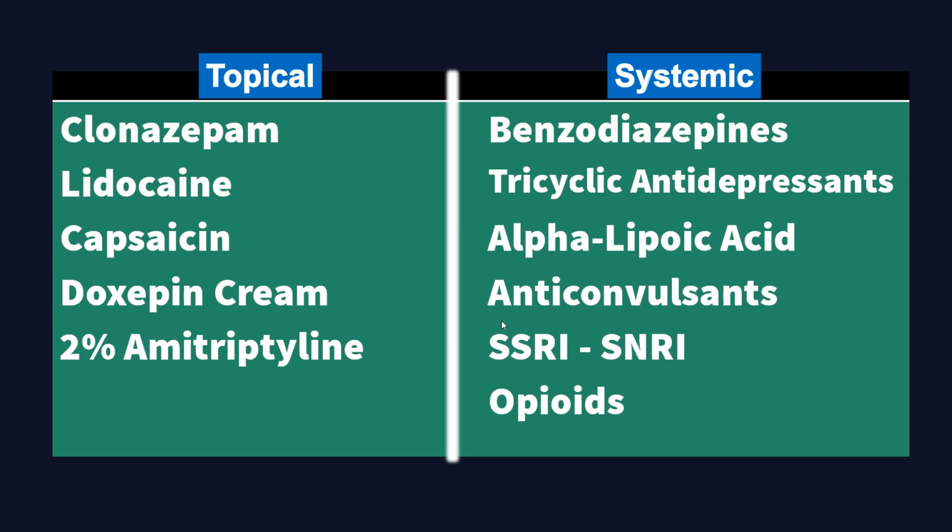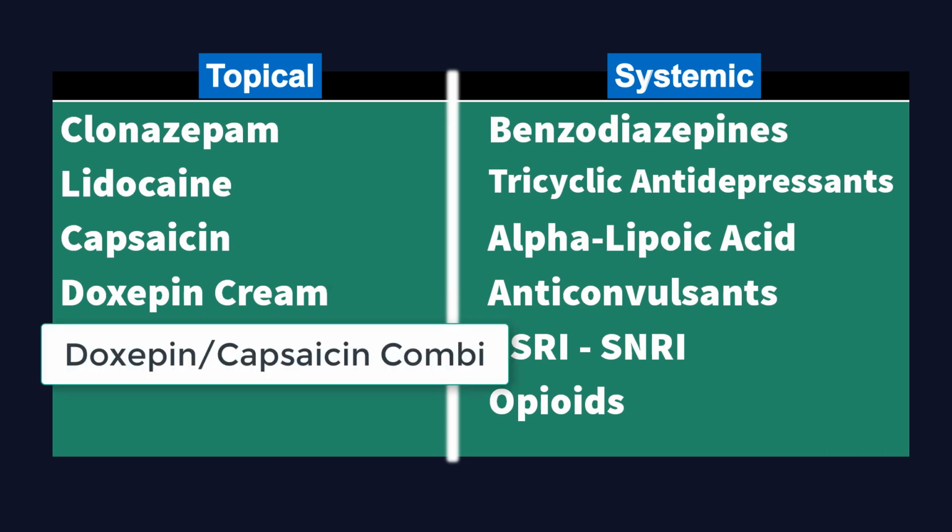We will also explore some additional and relatively newer agents that may be used in the management of symptoms of BMS. For the topical agents, we have clonazepam, which in fact can be used both topically and systemically. We also have lidocaine, which often is used as a local patch and can be useful in the peripheral type of burning mouth syndrome. Also in the list are capsaicin and doxepin cream.